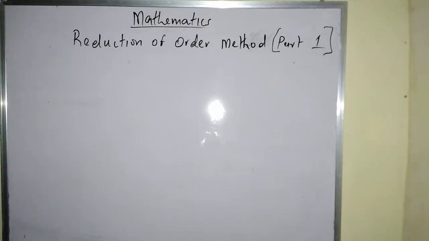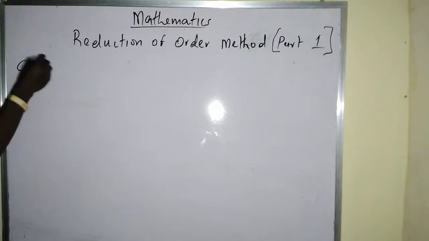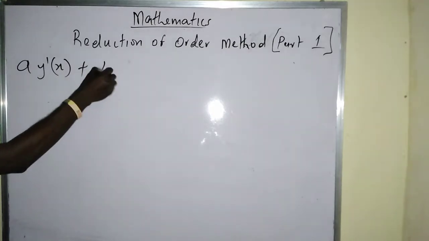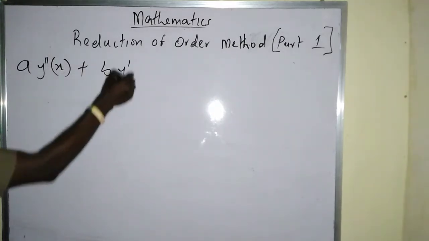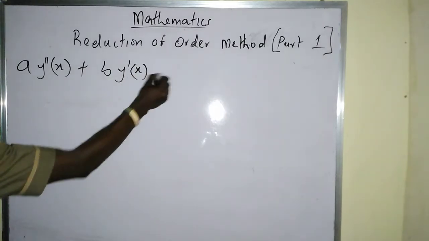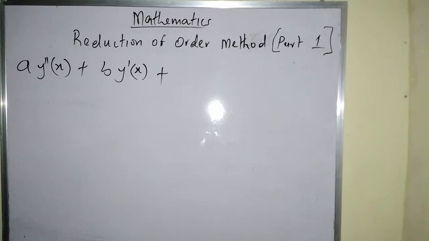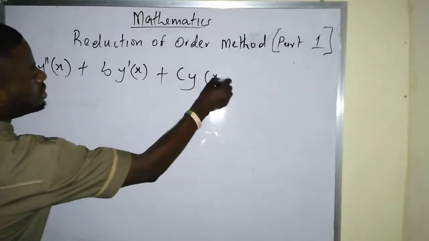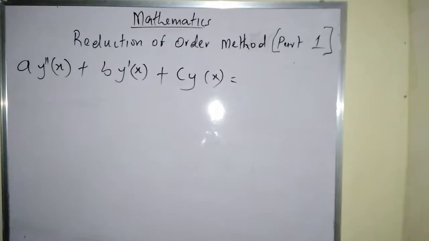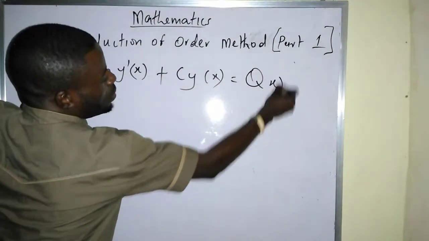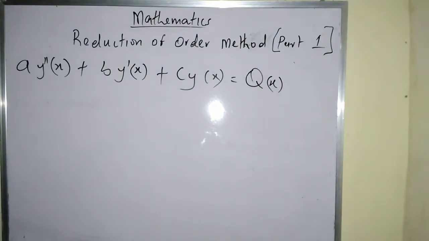If I have a particular function this way, a of y prime prime of x plus b of y prime of x plus c of y of x equals q of x. When I was explaining the first order and second order ODE, I let you know that this is the second order. The order of this differential equation is 2.